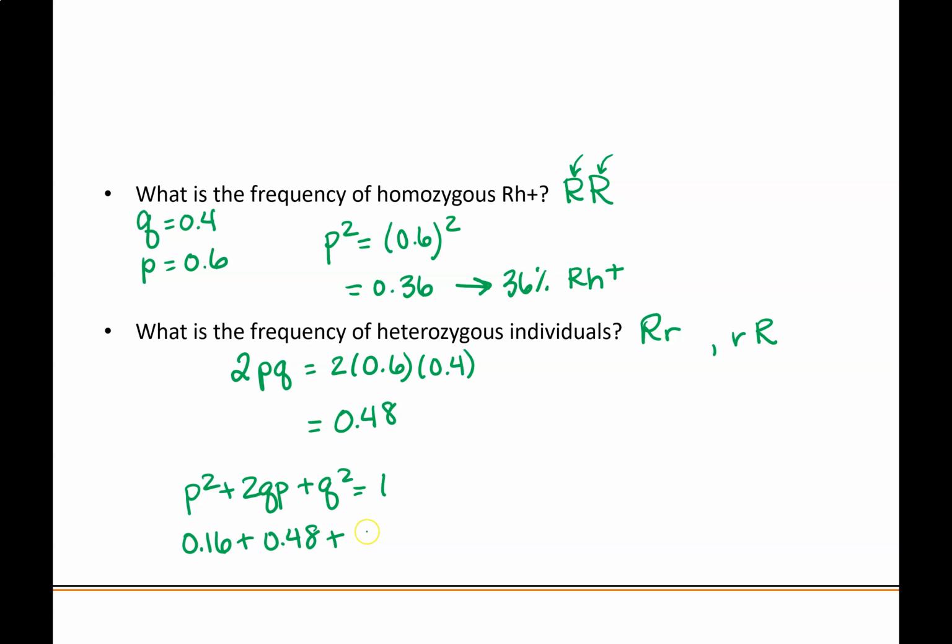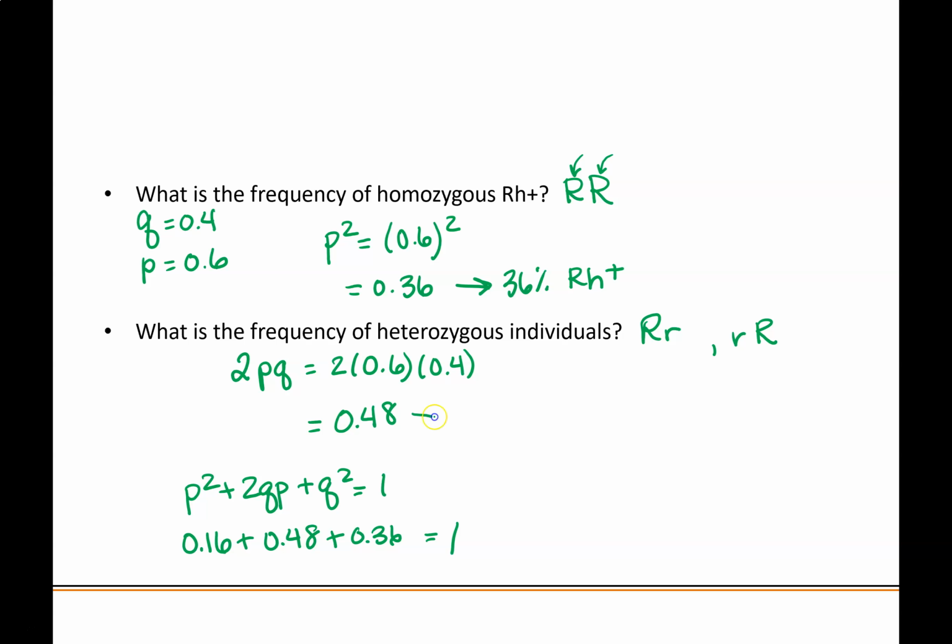Plus 0.48 plus 0.36. I'm sorry, I just wrote P squared and Q squared backwards. But we can check to make sure that this is all equal to 1, and it sure is. So now we have some information about our population.